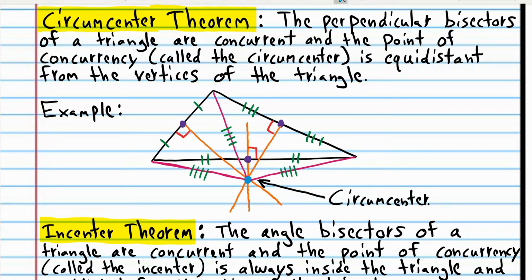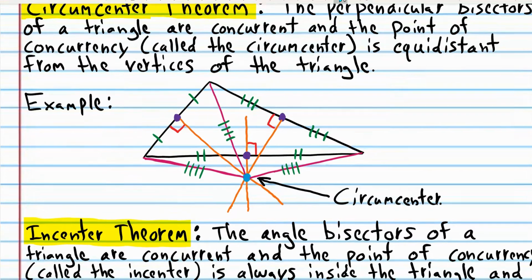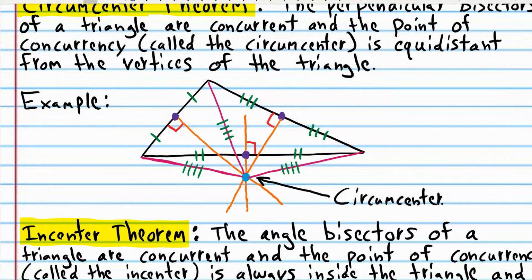And there's 3 things to know. Number 1, those perpendicular bisectors are concurrent. Number 2, the point of concurrency is called the circumcenter. And the last thing that we haven't talked about yet is that the distance from that point of concurrency, the circumcenter, to the vertices of the triangle, that distance is the same for all the vertices. So that's the purple segment.